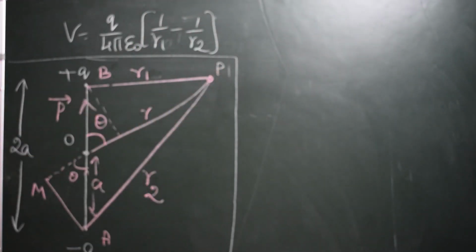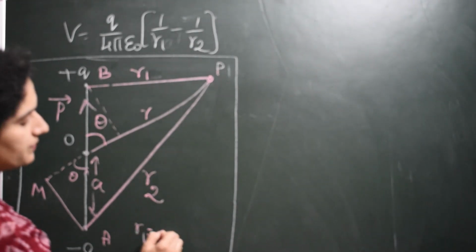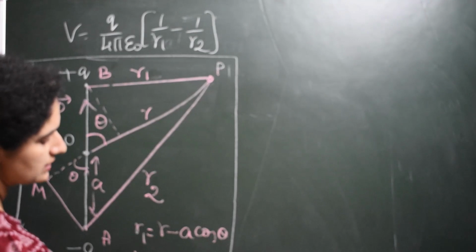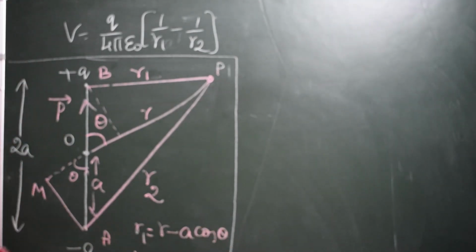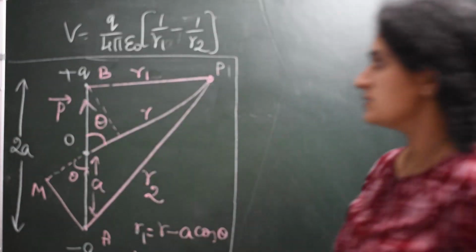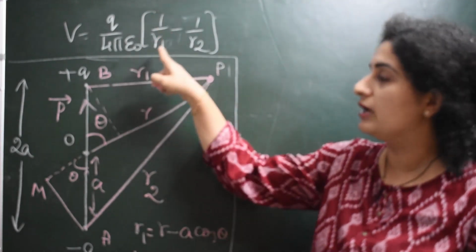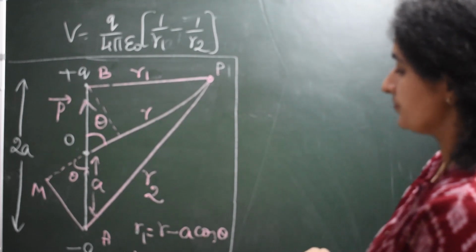Here is what we have to substitute. And also we have seen that R1 is equal to R minus A cos theta and R2 is equal to R plus A cos theta. Now square this one. Square the two terms, because finally we have to substitute in the binomial theorem and then find out the value of 1 by R1. So square the terms.